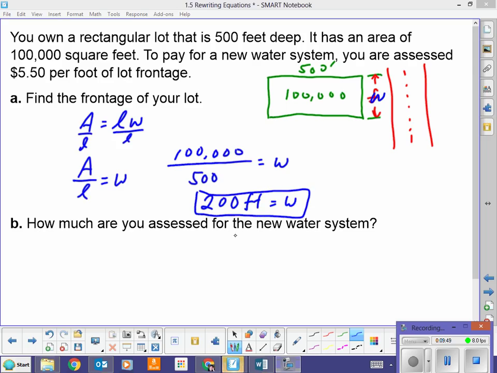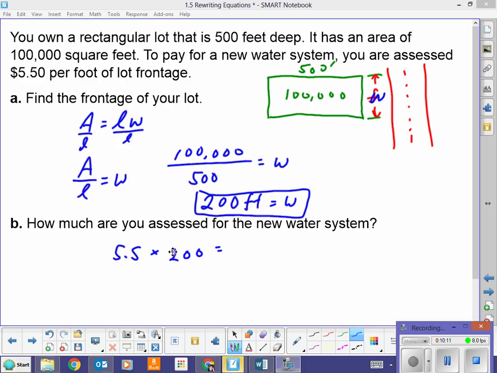And how much are you assessed for the new water system? Well, if the assessment is $5.50 per foot, then it's $5.50 times 200.